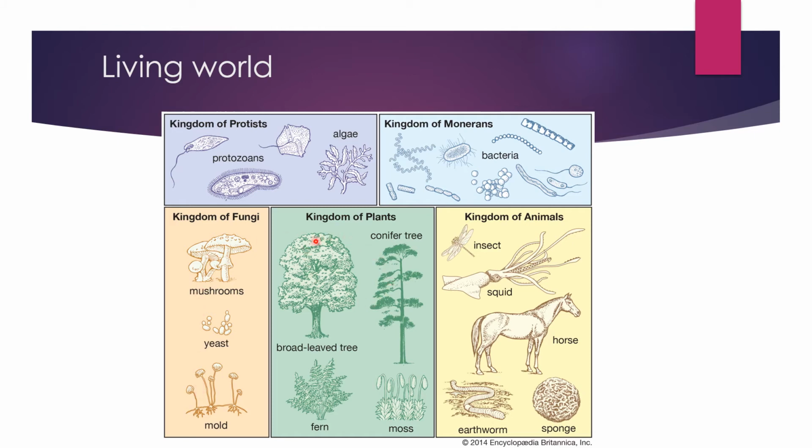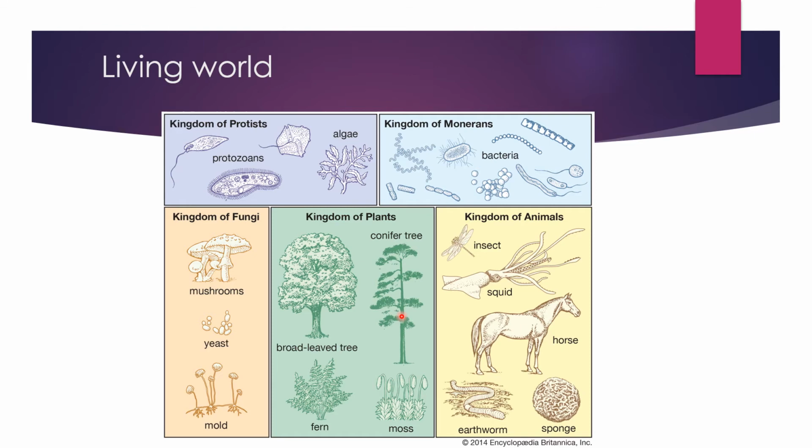Next one is the plant. Here fungi and plants have a difference. Fungi are generally white in color because they have no chlorophyll, but in the case of plants, chlorophyll is the main pigment that helps to produce their food. In the kingdom plant, there are several types of plants.